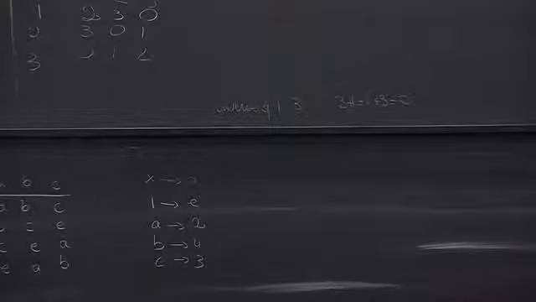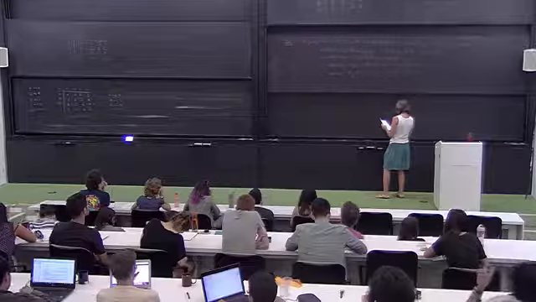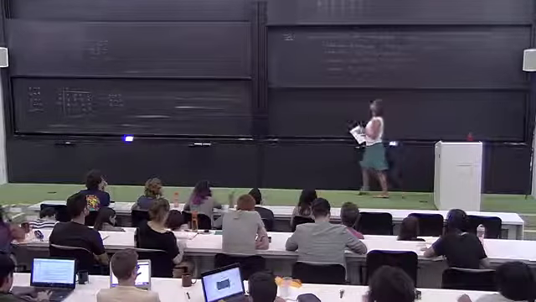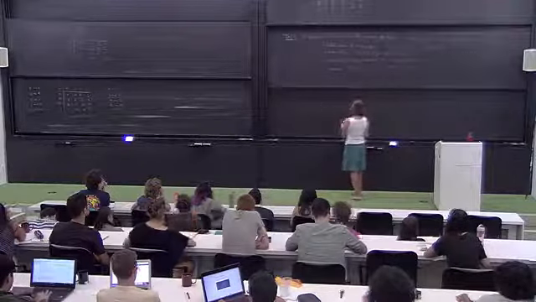So now let's clarify what is the meaning of isomorphic. You can already guess, roughly, isomorphic means that the two groups have the same algebraic structure, as you can see from this example.